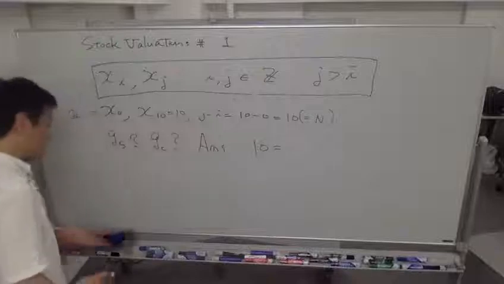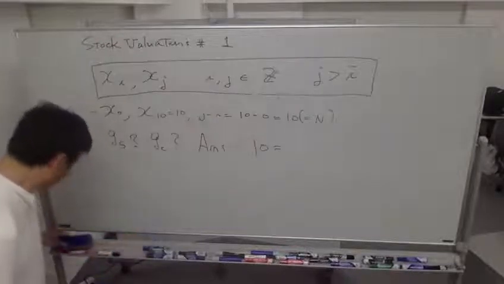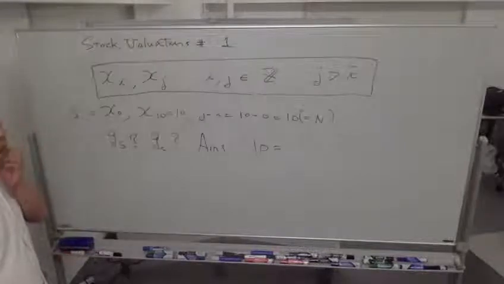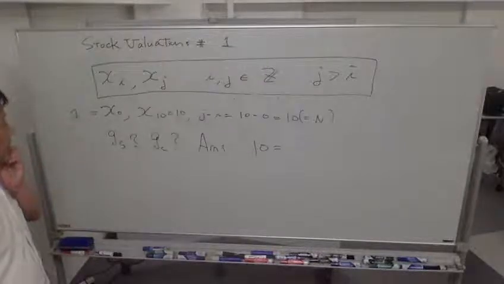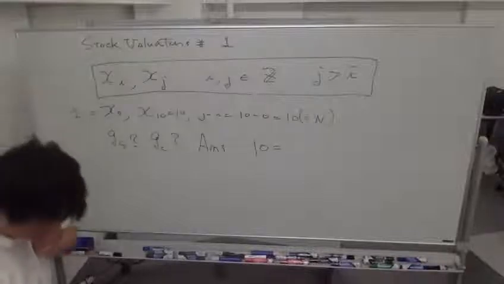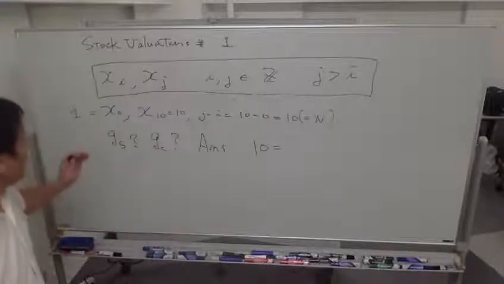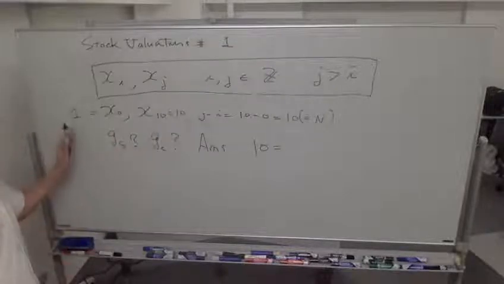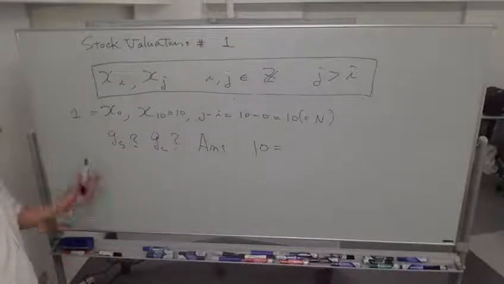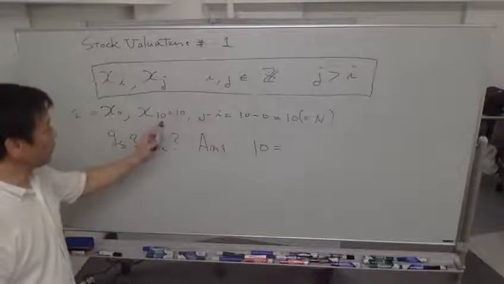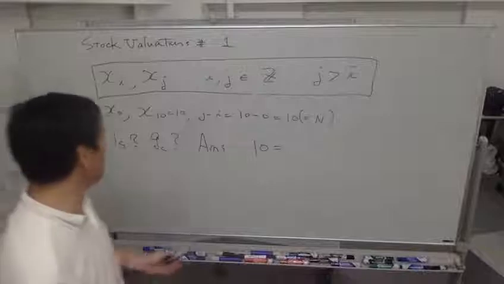So it becomes 10 times in 10 years. So it's a huge growth rate, and we expect a large rate of growth from this information with x0 and x10.